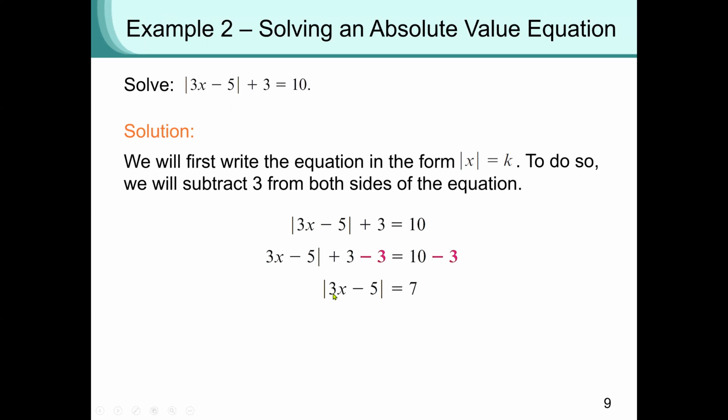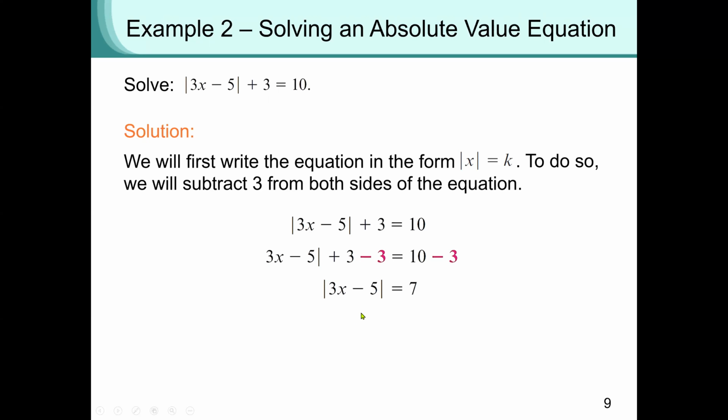Now our goal is to get rid of the absolute value and find a solution. As the definition said, we have a variable, which means there's a possibility that 3x minus 5 will be greater than or equal to 0, which is a positive value, or 3x minus 5 will be less than 0, which means it's negative. So always we have to apply that condition.